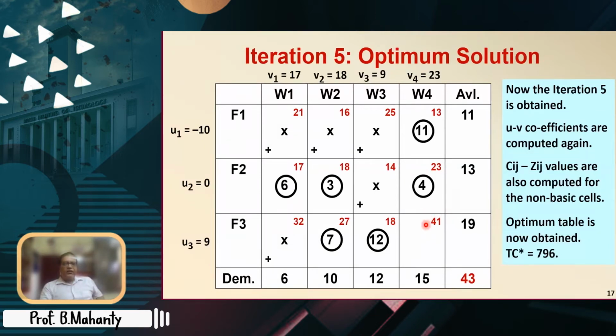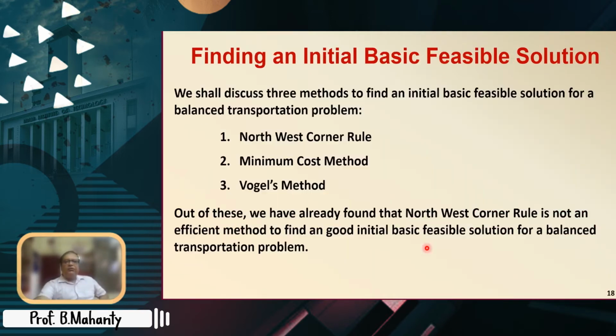It is not favorable at all. The cost is very high. But still we had 15 entry there because we followed a starting method, the northwest corner rule, to make an initial allocation, and that method is not efficient. So it actually tells us that an efficient method is really required right in the beginning so that we can get a good initial solution.